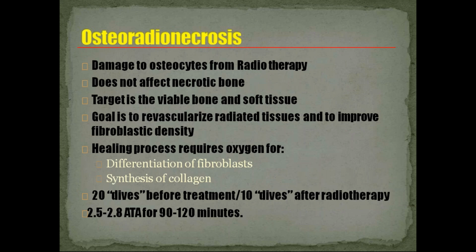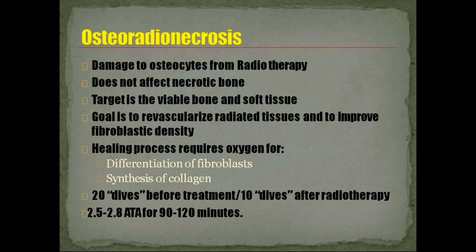Coming to osteoradionecrosis, damage to osteocytes from radiotherapy does not affect the necrotic bone. The target is the viable bone and soft tissue. So our goal is to revascularize this radiated tissue and to improve the fibroblastic density.